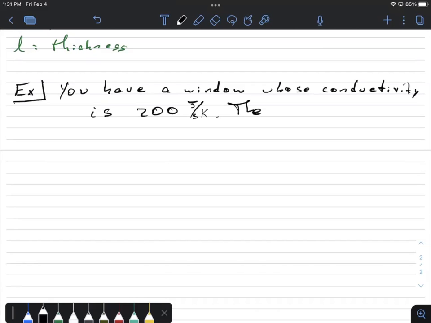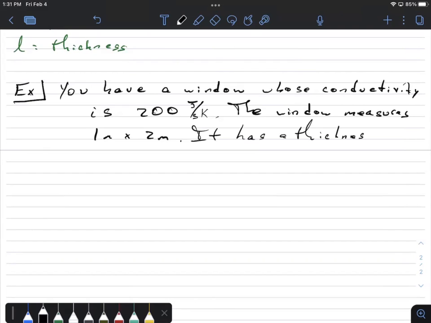The window measures 1 meter by 2 meters. It has a thickness of 20 centimeters.